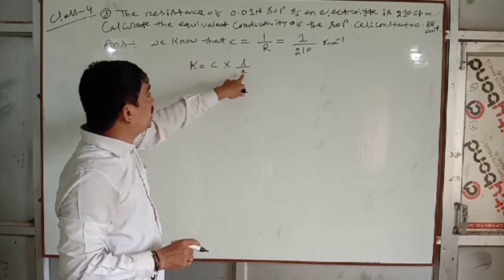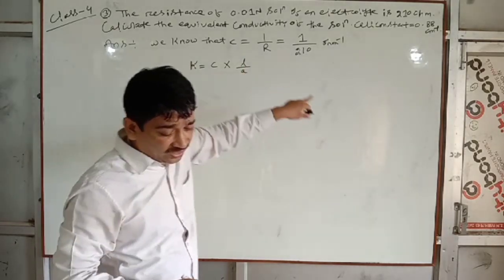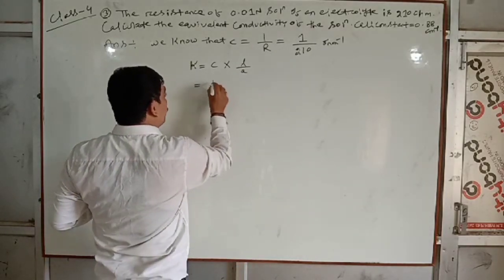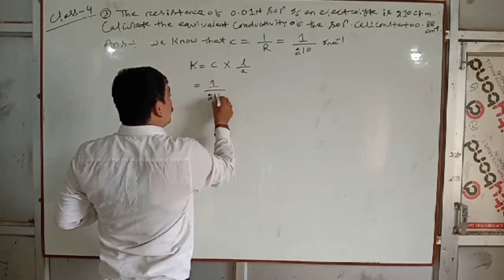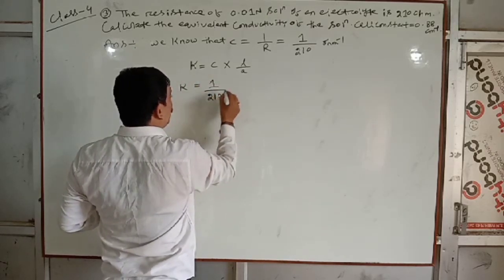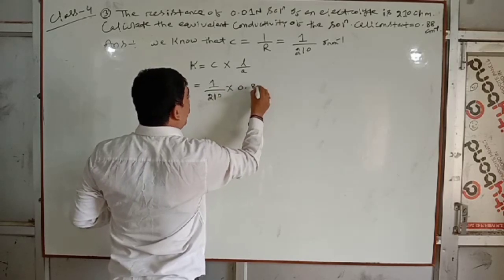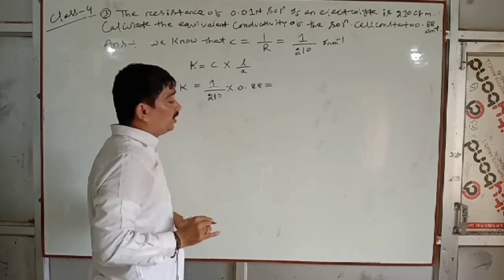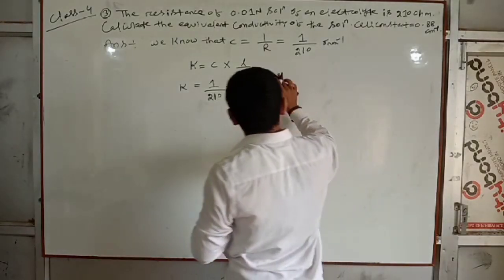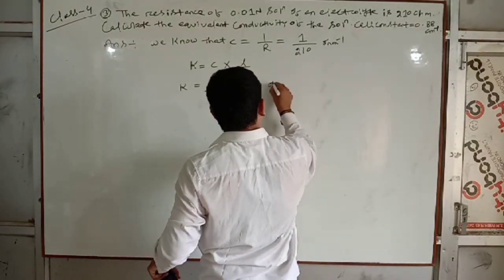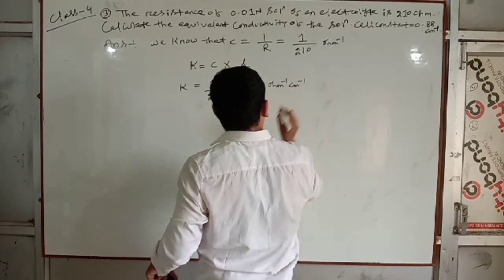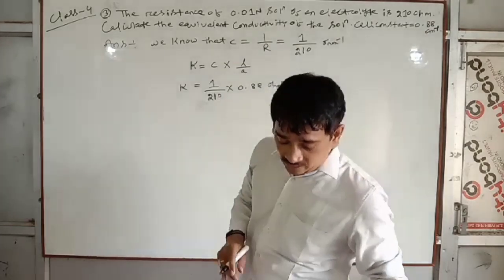Then cell constant is given, 0.88. So specific conductance kappa equal to conductance 1 by 210 into 0.88. So this gives the value, in ohm inverse centimeter inverse.